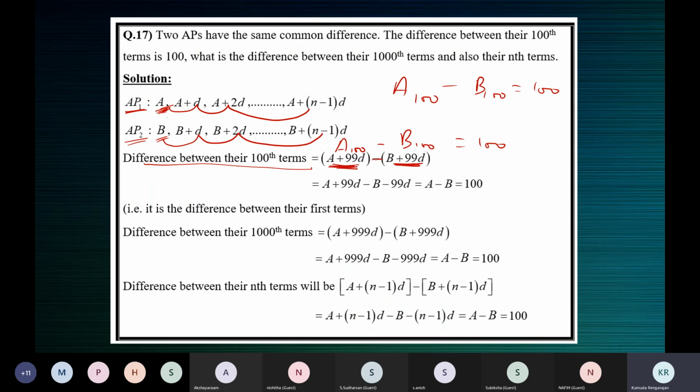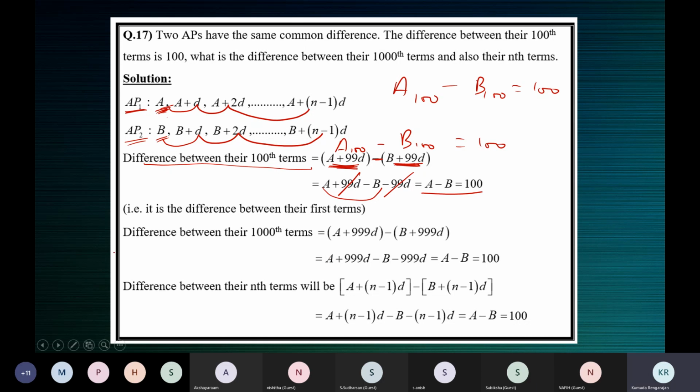So A100 minus B100 is 100. When you open the bracket, A plus 99D minus B minus 99D, the plus 99D and minus 99D get cancelled. So we have A minus B is 100.